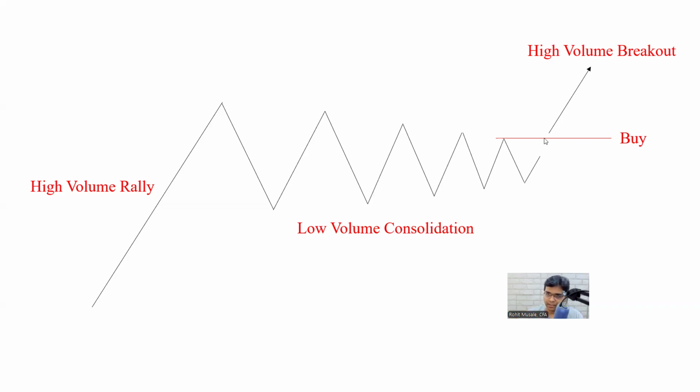Then comes the high volume breakout, because there comes a time during this consolidation where the retail participants are not available anymore, because whoever retail participants had held on to the stock are now exhausted. So now most probably only institutions are holding on to the stock. So why do you think a high volume breakout occurs? See, the number of shares of a company is limited.